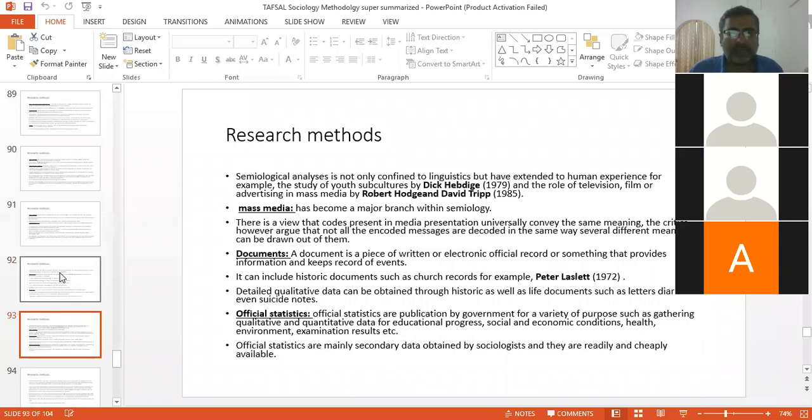We then move to mass media, semiology. And a major branch in semiology is the mass media, because mass media carries the codes which universally convey the same meaning. And all encoded messages in the media are conveying certain meaning, though not all those coded messages are decoded in the same way.